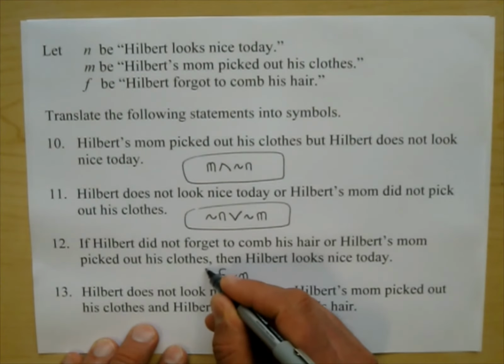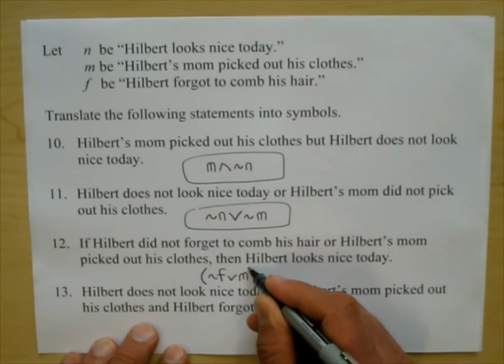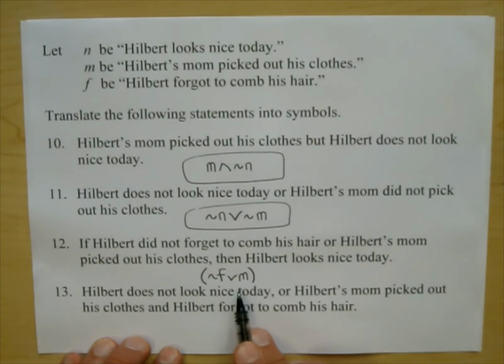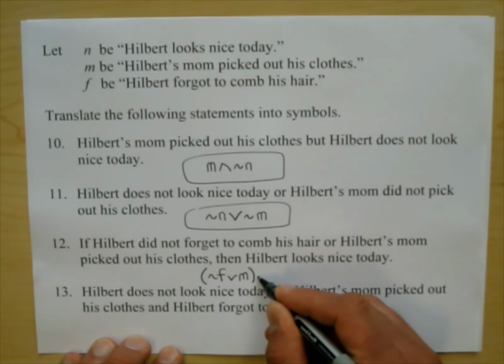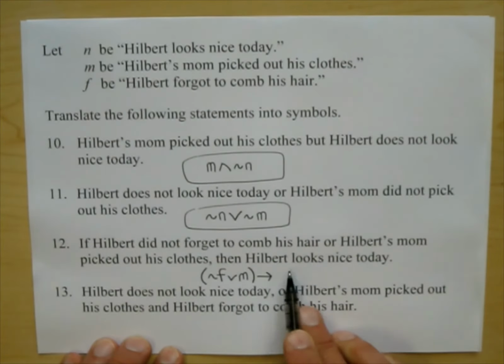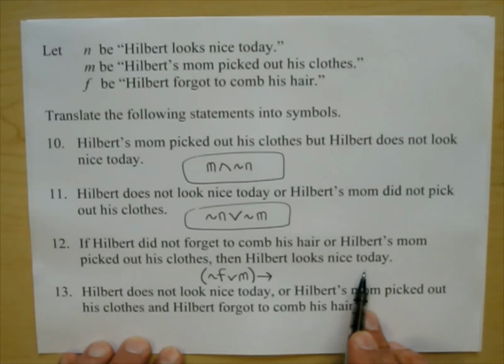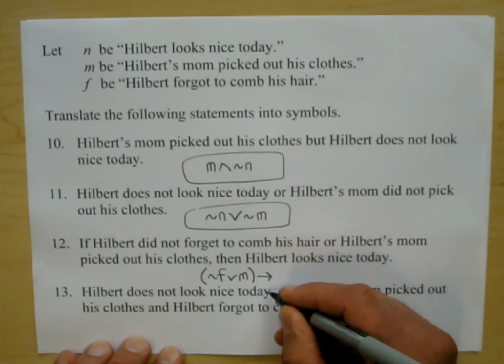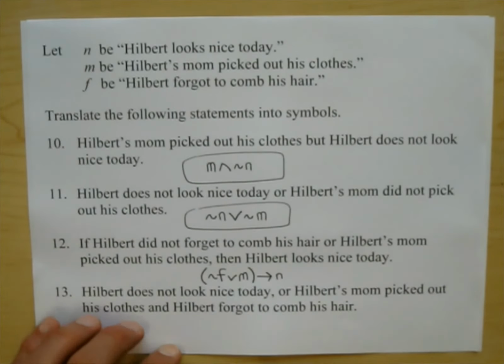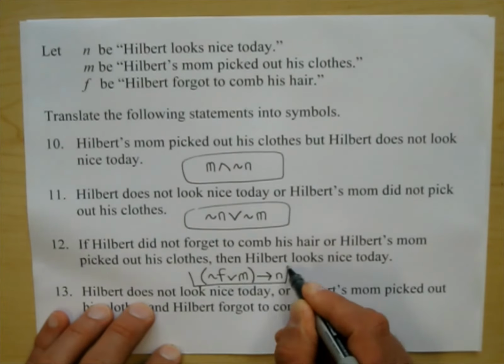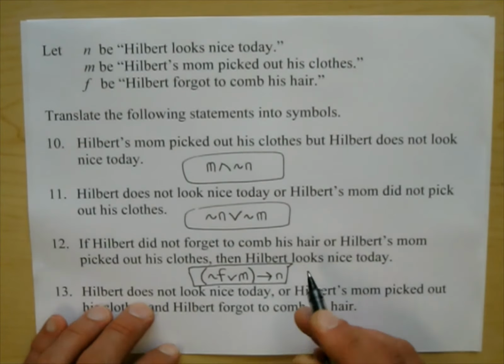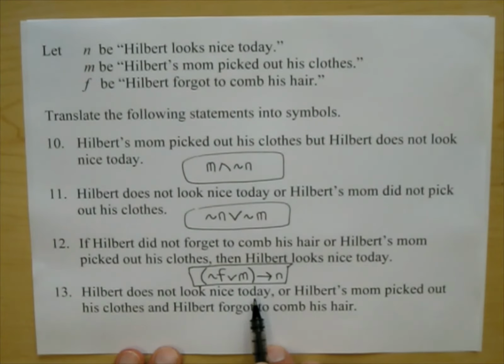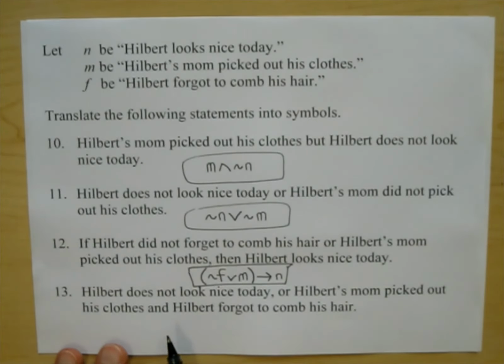And in this class, we put parentheses around the hypothesis or the conclusion if they have an or or an and, and they're more complicated like this. So if this, then, there's the arrow for then, Hilbert looks nice today. Hilbert looks nice today is statement N. So it looks like we have our answer right there.